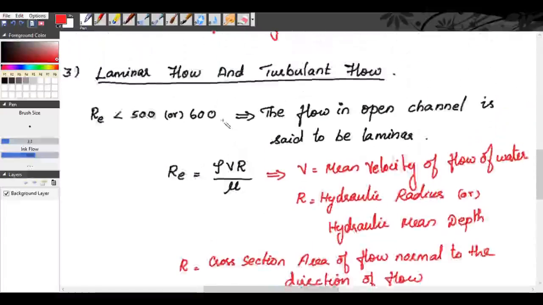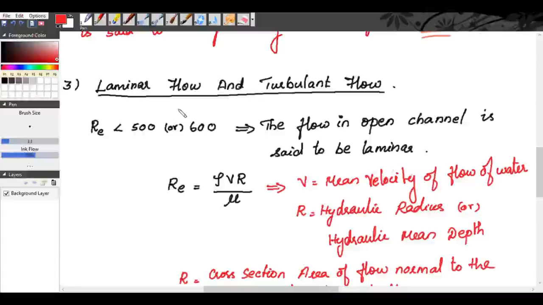So see, laminar flow: in the previous cases we saw if the Reynolds number is less than 2000, you will call it laminar flow. Here, for the open channel flow, if the Reynolds number is less than 500 or maximum 600, you call it laminar.